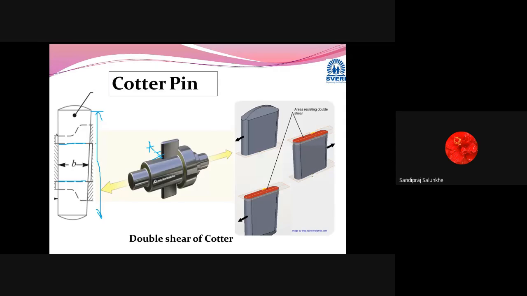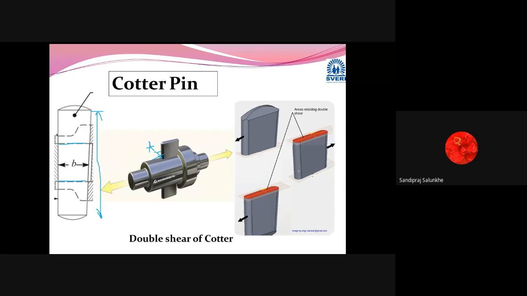Now, once you are able to imagine the stress, we have to calculate which area will be encountered by the stress. While calculating the area, this red area is encountered by the shear stress. Not only this, because the shear is not occurring at one place, it is occurring at two places, so we have to just double this area.